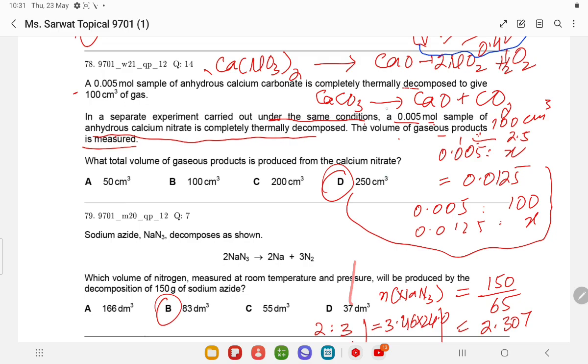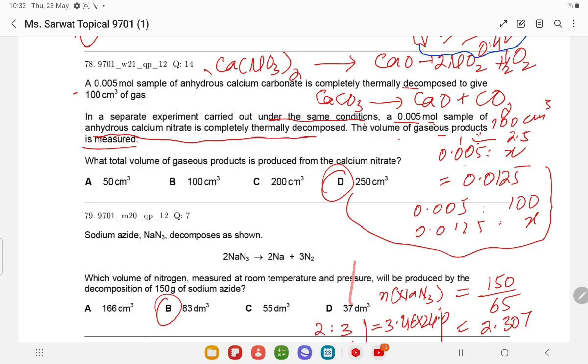This is a reaction of calcium carbonate. Calcium carbonate gives calcium oxide and carbon dioxide, and this is decomposed to give 100 centimeter cube. Now we know the chemical equation of calcium nitrate. Calcium nitrate forms calcium oxide, and 2 moles of nitrogen dioxide and half mole of oxygen.